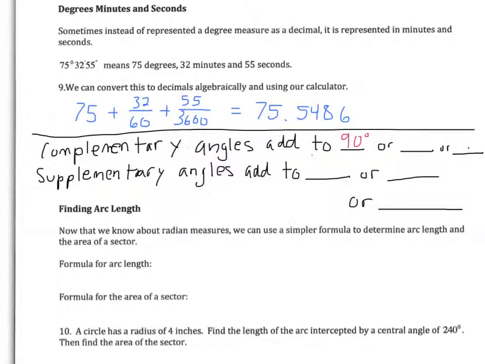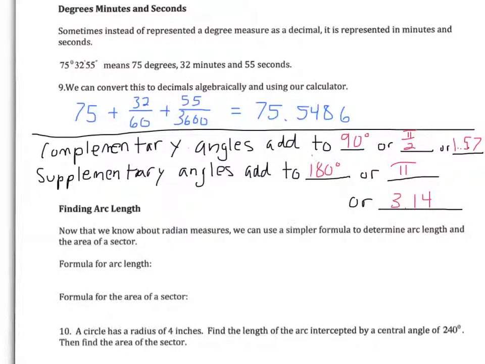If we're working with angles that are measured in radians, they would add up to pi over 2 or 1.57 if we're in decimal radians. And supplementary angles would add to either 180 degrees or pi or 3.14 if we are in decimal radians.